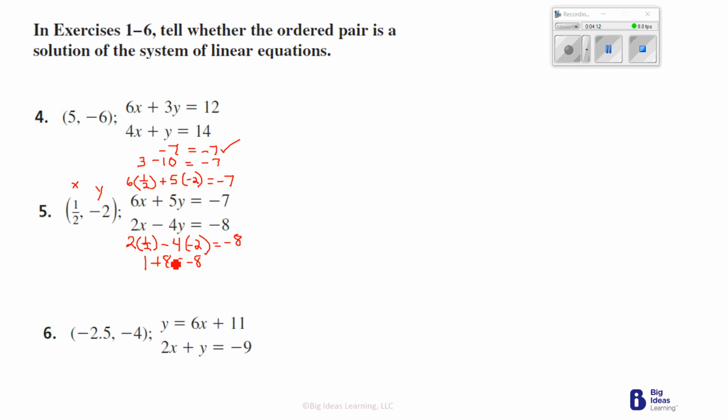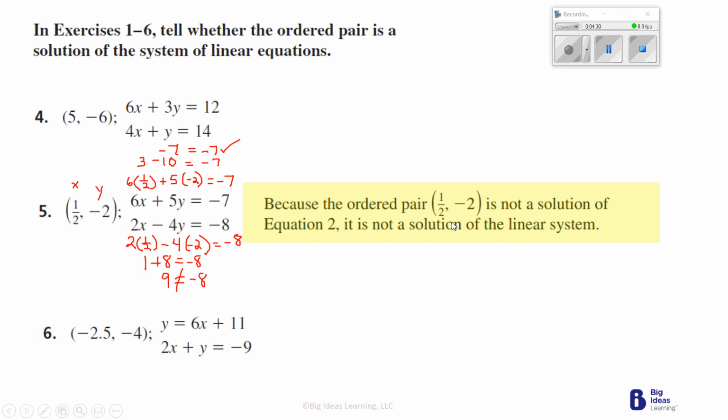And now 1 plus 8 is going to give us 9. And 9 does not equal negative 8. This is not a solution set for this set of linear equations. Because the ordered pair 1/2 and negative 2 is not a solution of equation 2, it is not a solution of the linear system. You have number 6 to do.